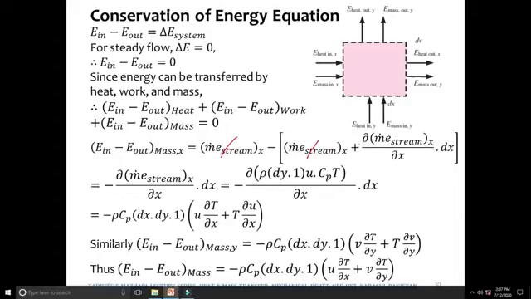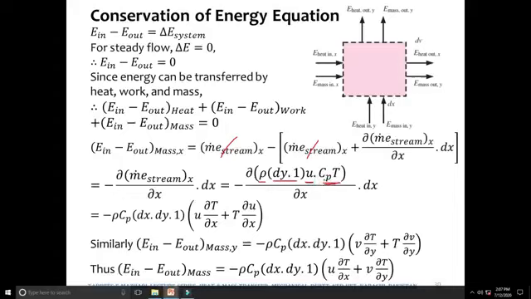So it would be ∂/∂x of m dot times E times dx, and then we can write this mass flow rate as a product of density, area, and velocity. So we have written it in the form of density times area. Area would therefore be dy into 1 if you are talking about x direction, and velocity in x direction is u, and the total energy can be written as cpT, right?